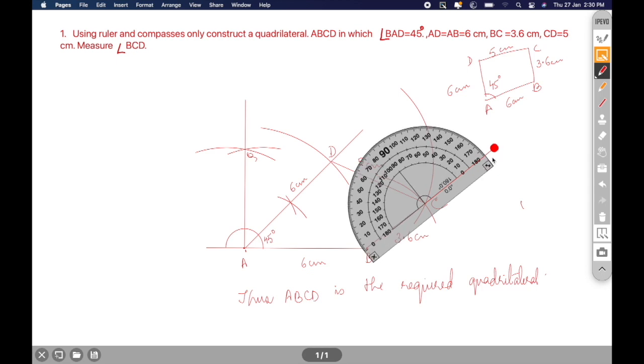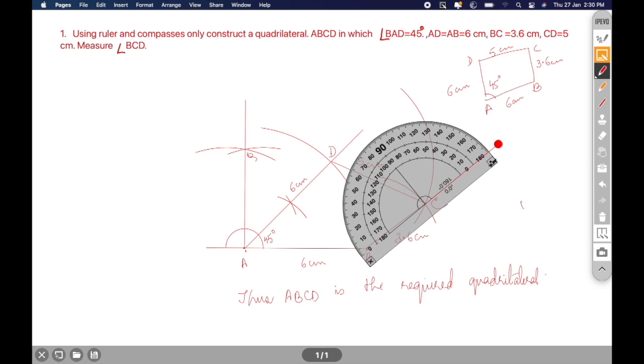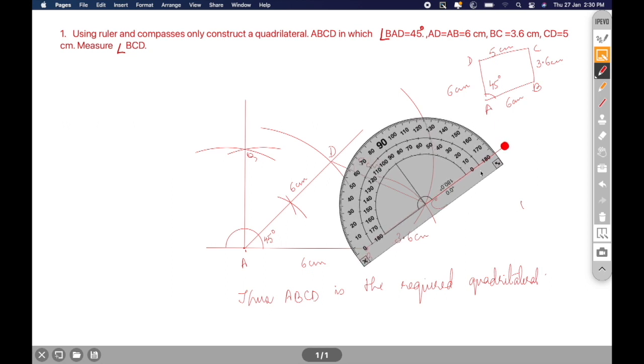I hope you can see that the base of the protractor and the line BC are collinear. Now we have to start counting from here. 0, 10, 20. I hope you can see the measurements given, not from the right side, because we need the angle interior to the quadrilateral.